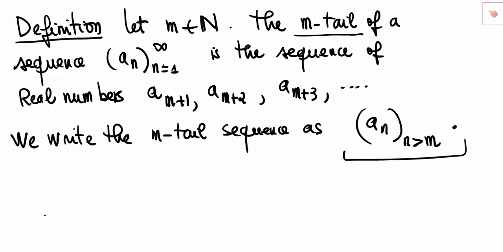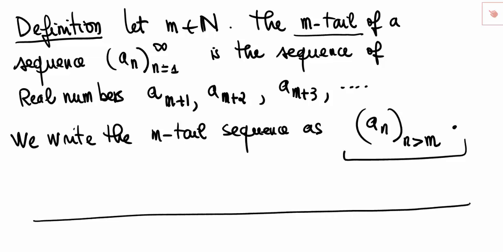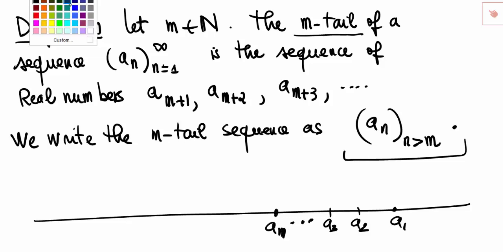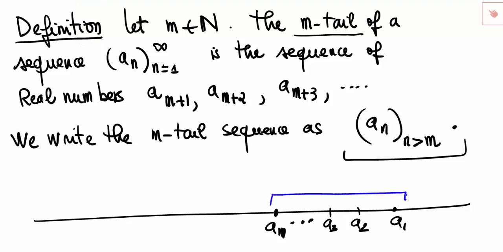Now, as in the illustration, if this is a sequence, you have a_1, a_2, a_3, and so on. So this keeps going till eventually you get a_M. Now, we'll call this the M-head of the sequence.